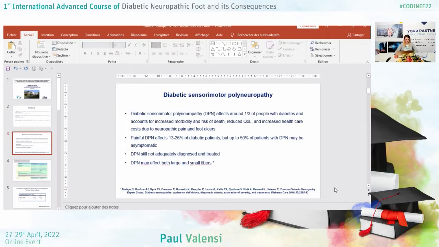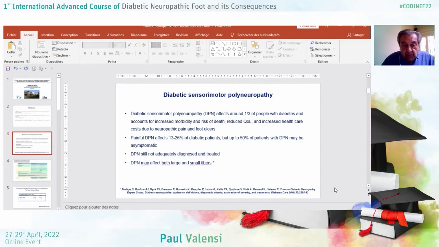Okay. Well, regarding DPN, we heard from the first speaker about the high prevalence of this complication of diabetes. And of course, polyneuropathy accounts for increased morbidity, also increased risk of mortality, reduced quality of life, and increased healthcare costs.